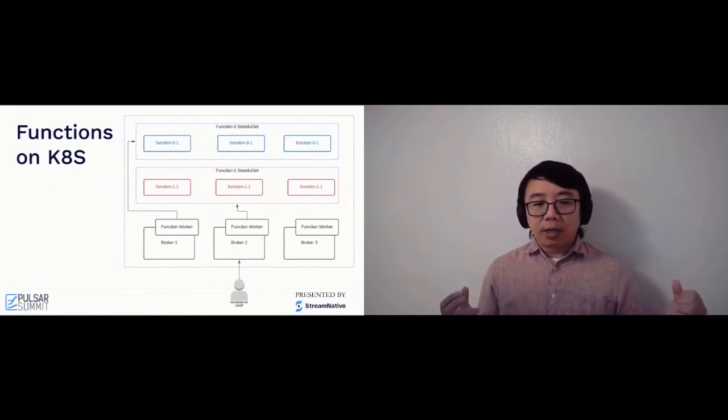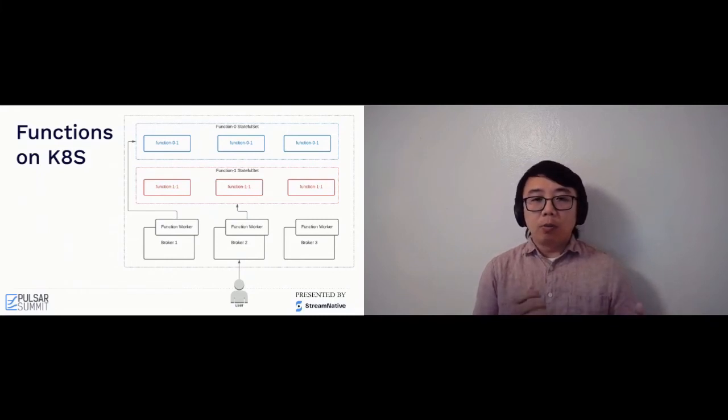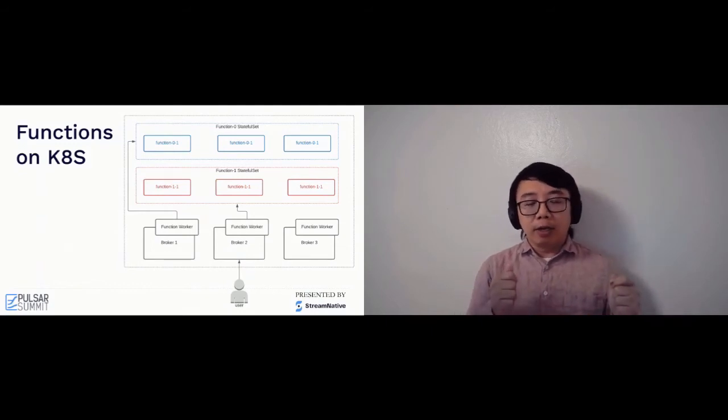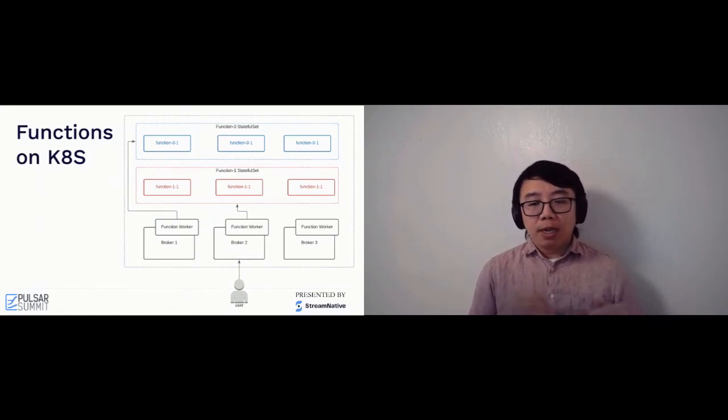There's a leader elected across multiple brokers, and the leader examines the metadata topic and also checks which function workers are available in the cluster. It calculates an assignment map and then publishes the assignment map to an assignment topic. Every function worker listens to the assignment topic, and each worker receives a portion of the functions.